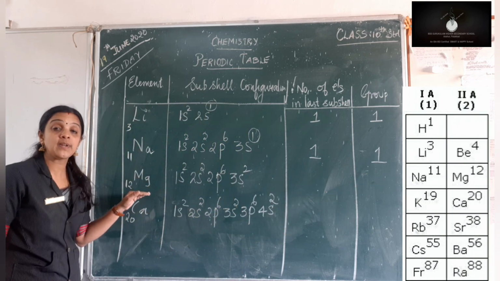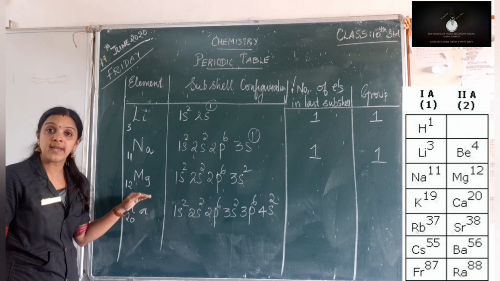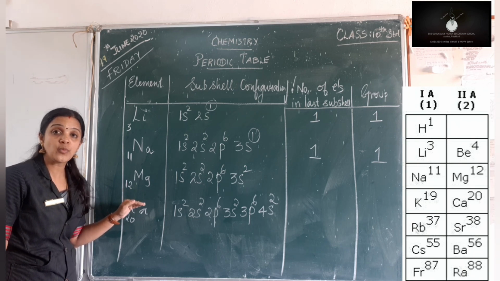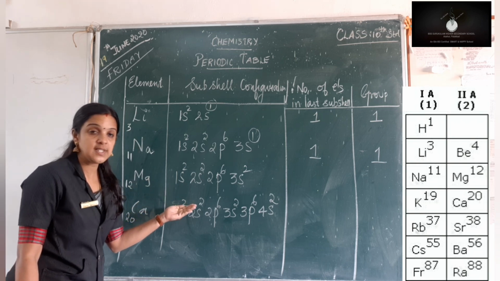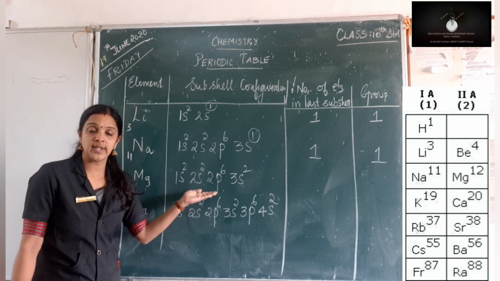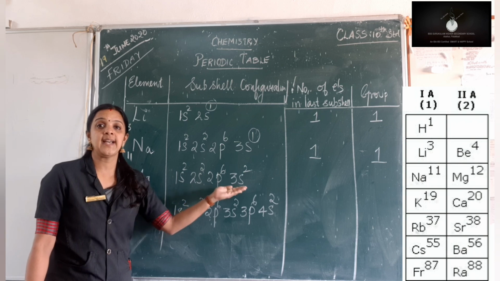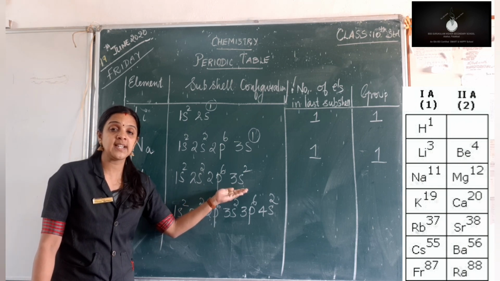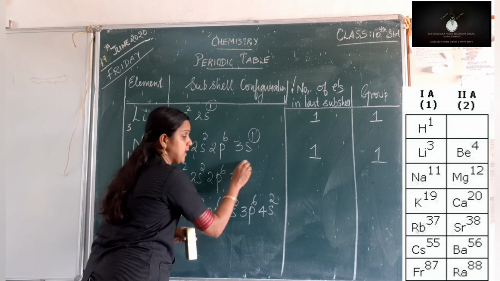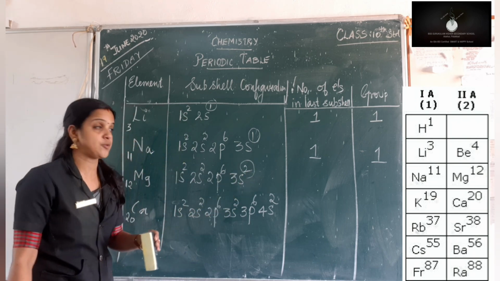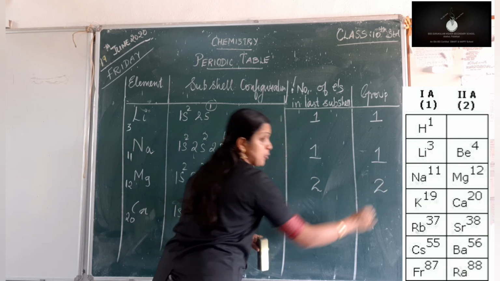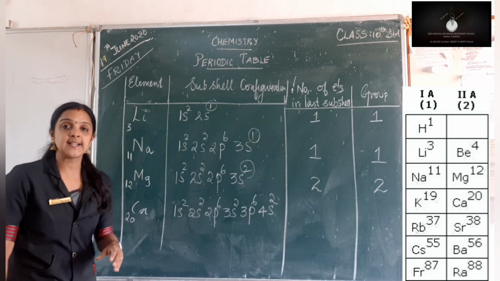Now I am getting into my third element, magnesium. Magnesium has atomic number 12, so the configuration is 1s2, 2s2, 2p6 and 3s2. How many electrons are there in the S subshell? I have 2 electrons in my S subshell. So I write 2 and the group will also be 2. Is that clear?